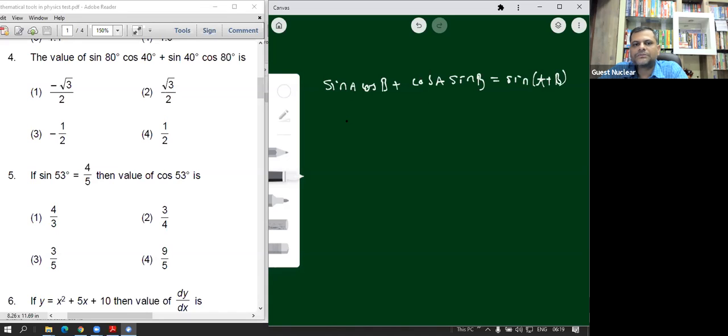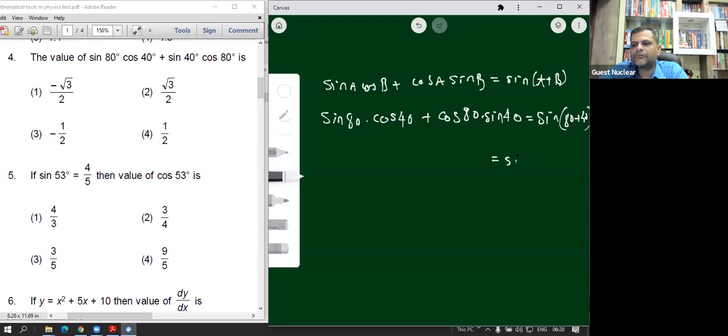So now, keeping this in front of us, what do we get here? sin 80 into cos 40 plus cos of 80 multiplied by sin of 40. So this will turn out to be sin of 80 plus 40, correct? So what is this 80 plus 40?